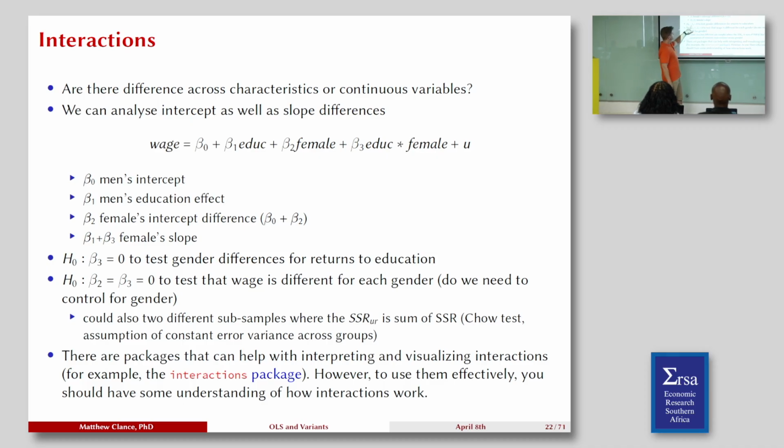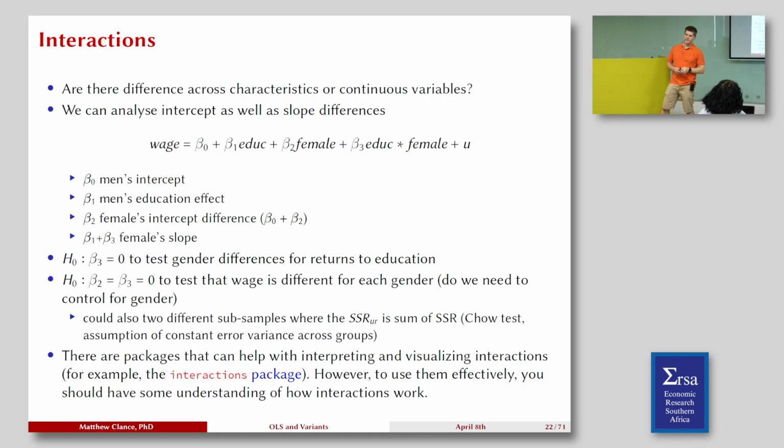We could test whether beta 3 is equal to 0 using a t-test, and basically see: are there gender differences in the returns to education? That might be telling. It tells us whether we should be controlling for gender characteristics in this model.